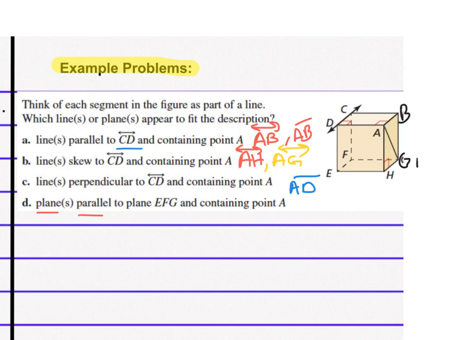Here's E, here's F, here's G. So it's the bottom of the cube, and the plane containing point A would be the top. We can call it plane CDA, or CDB. Any of those would work. So that was example 1. If you need more time, you can always pause the video.